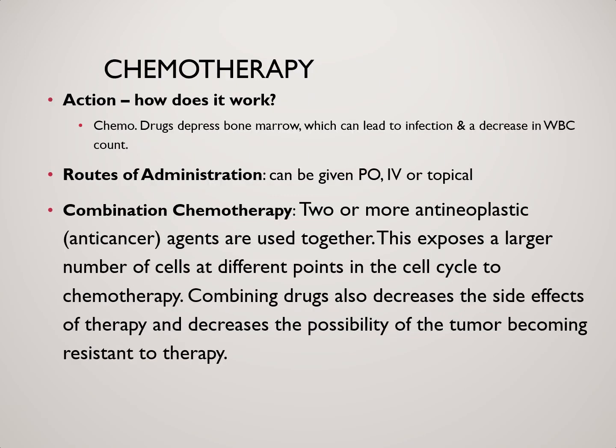So chemo is considered a systemic treatment because the drug travels throughout the body and it can kill cancer cells that have spread or metastasized to parts of the body far away from the original or primary tumor. It makes it different from treatments like surgery and radiation.